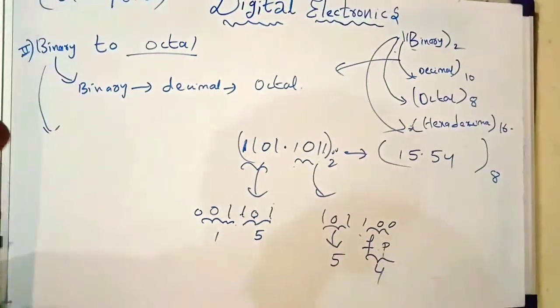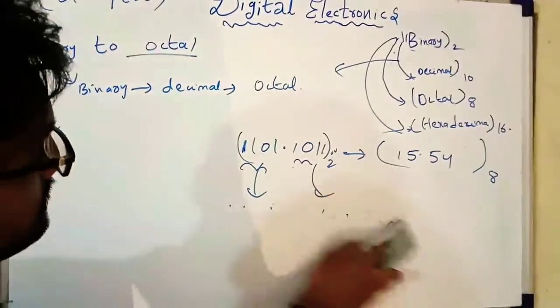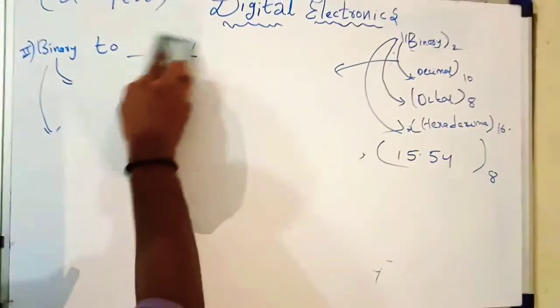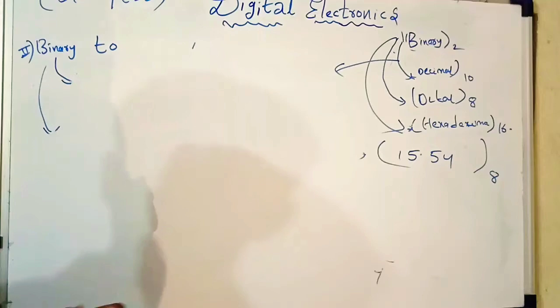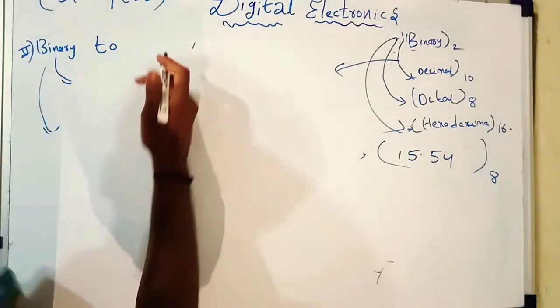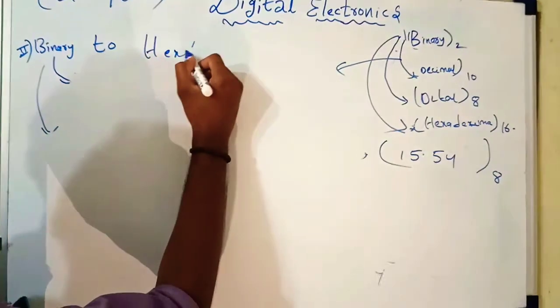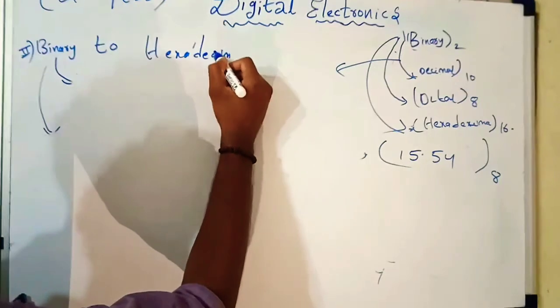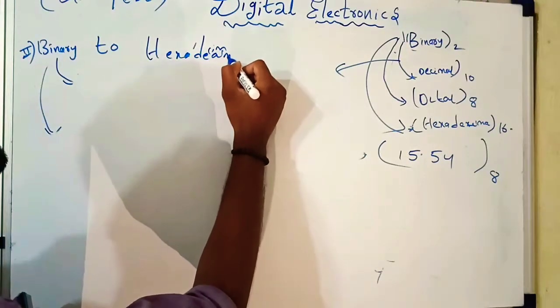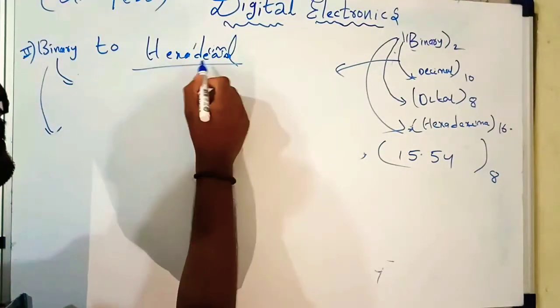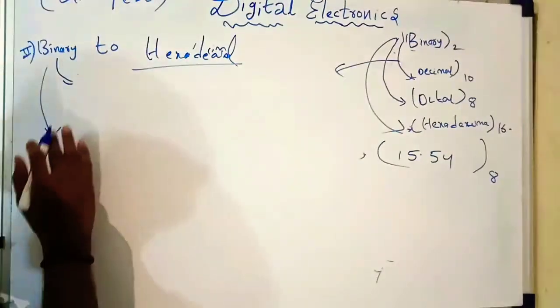Now we will see the conversion from binary to hexadecimal. This is binary to hexadecimal.